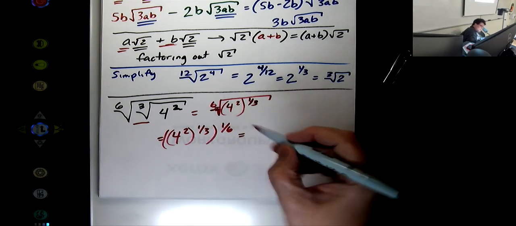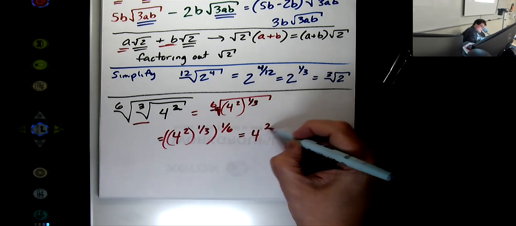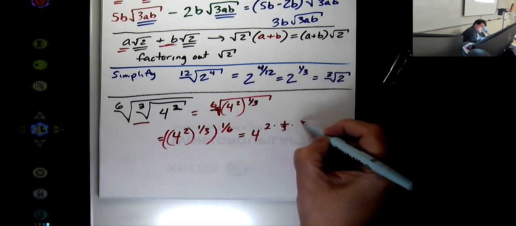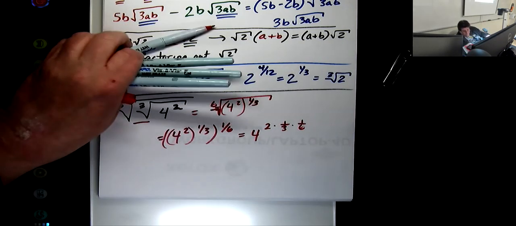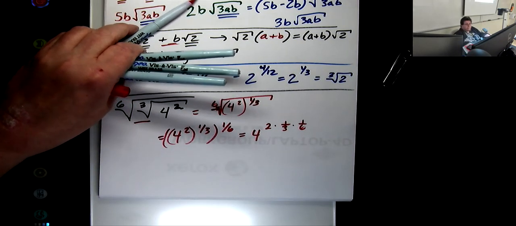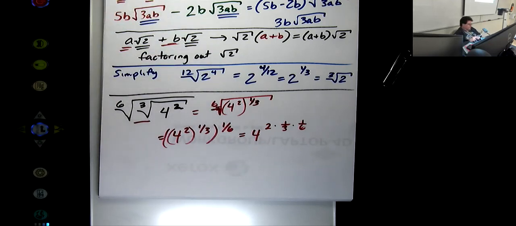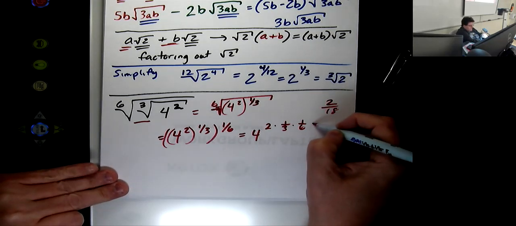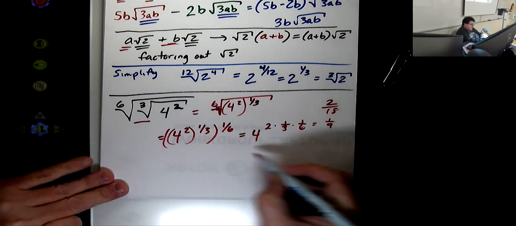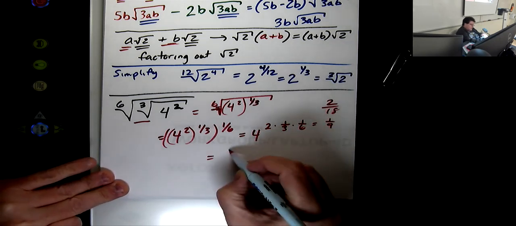And when we have exponents outside like that, we multiply exponents. And this is 2 over 18, which is 1 over 9. So this is really the 9th root of 4.